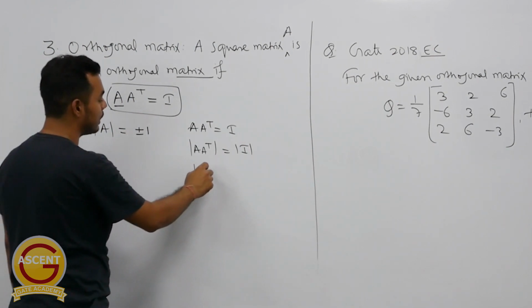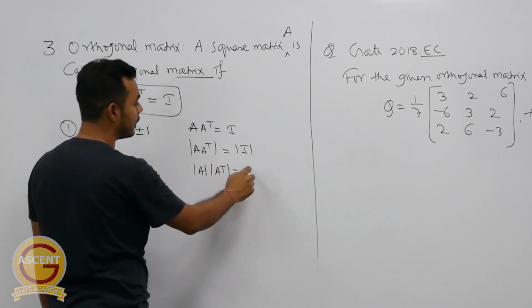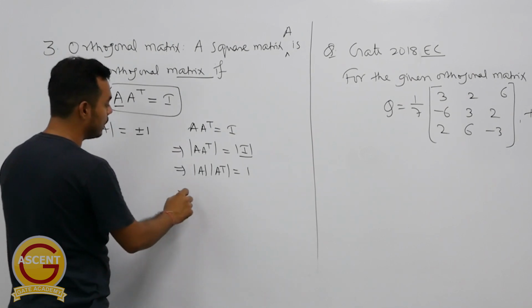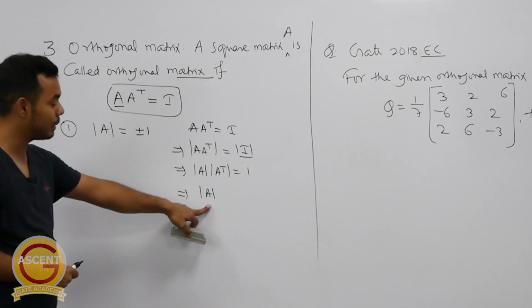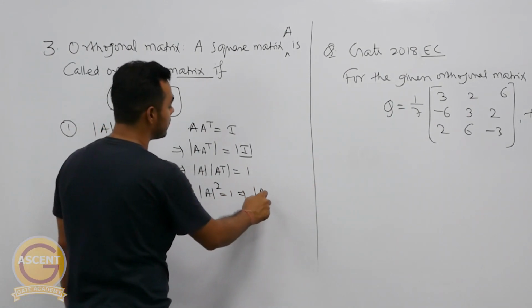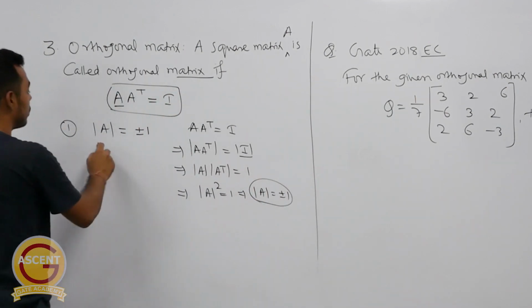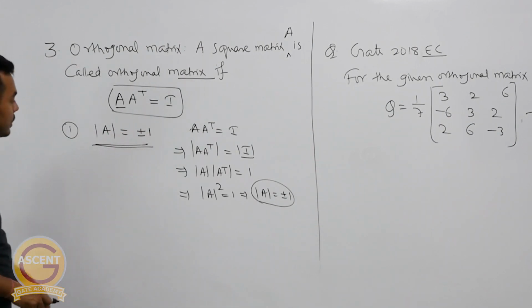Now this I can write as determinant of A into determinant of A transpose. Determinant of identity is 1. So this means determinant of A, and we know that determinant of A transpose is same as determinant of A. So I can write this as determinant of A square is 1, which means determinant of matrix A will be +-1. So in case of orthogonal matrix, the determinant will be either +1 or -1. So this is first property.